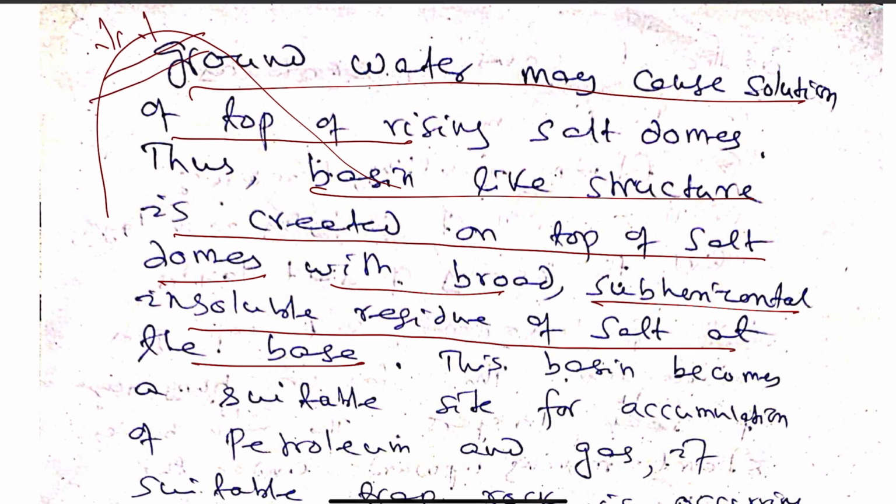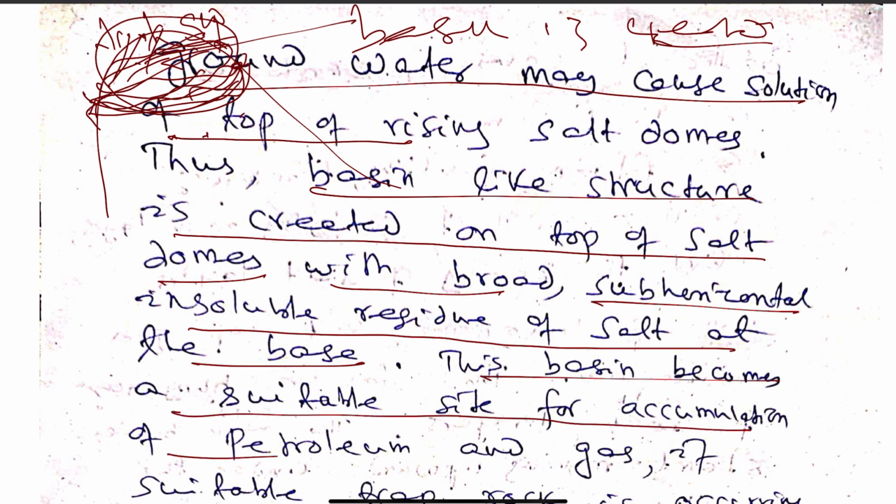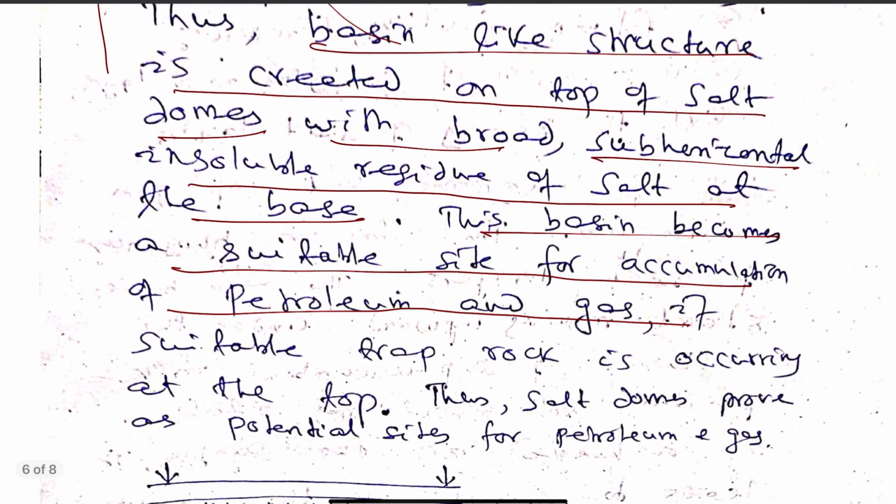Because of percolating groundwater, erosion causes a basin-like structure to be created over the intruding salt domes. Here is the insoluble residue of salt, and here a basin is created because of erosion of salts through the percolating groundwater. This basin becomes a suitable site for accumulation of petroleum and gas.